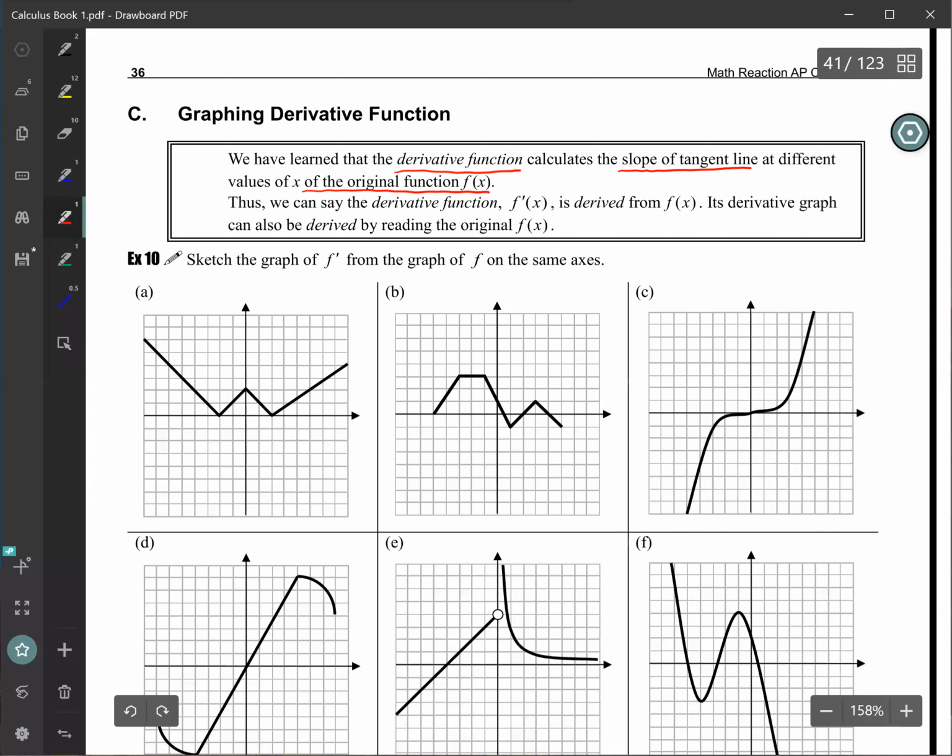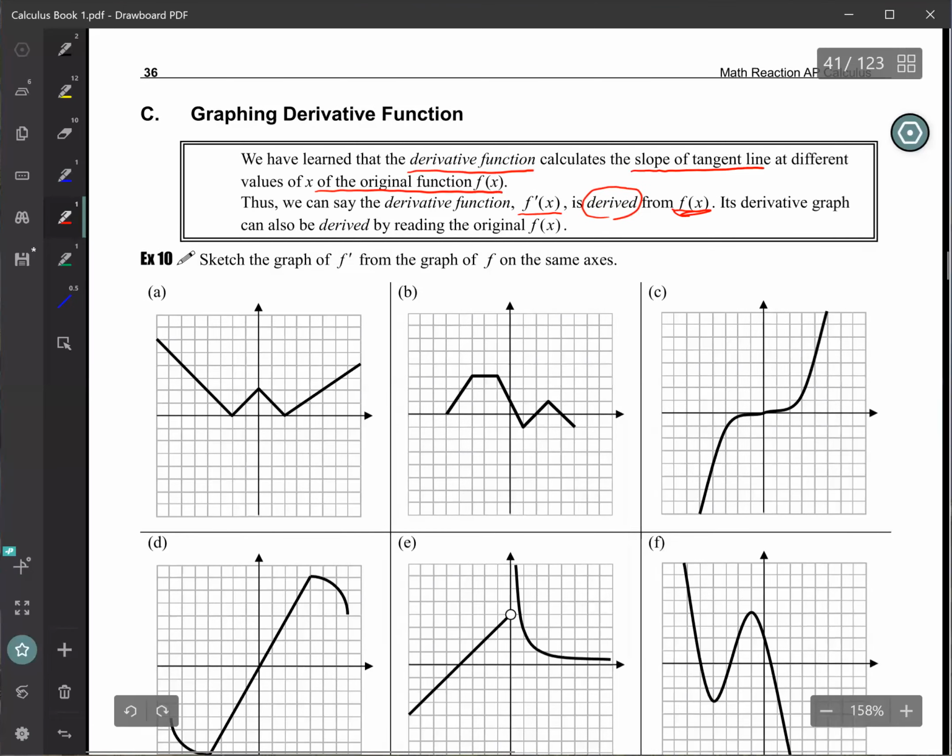The derivative function finds the slope of the original. Therefore, we can say the derivative function is derived from f of x, so its derivative graph can also be derived from the original.